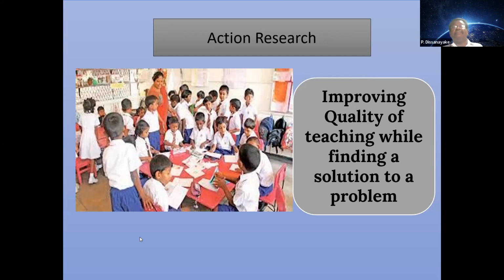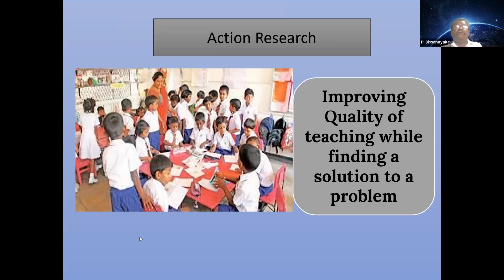Action research aims at improving the quality of teaching while finding a particular solution to a problem. You are thinking about a problem. You have a problem in your mind. How can I improve the speaking skills of my students? Or how can I improve the quality of group work?